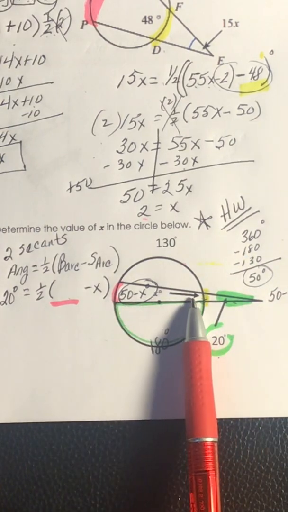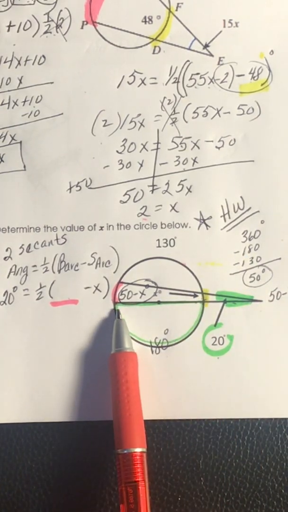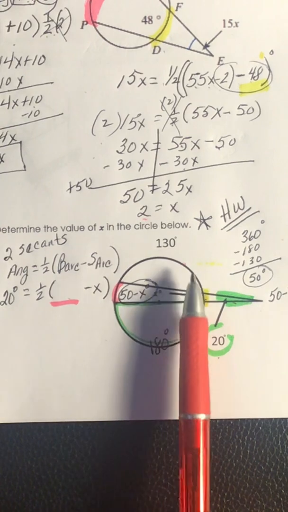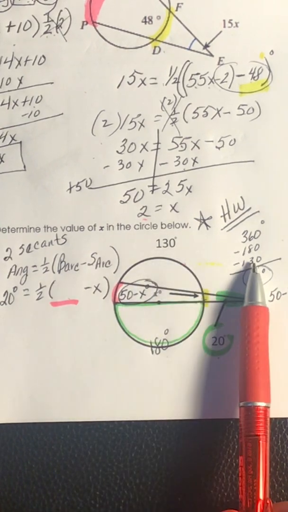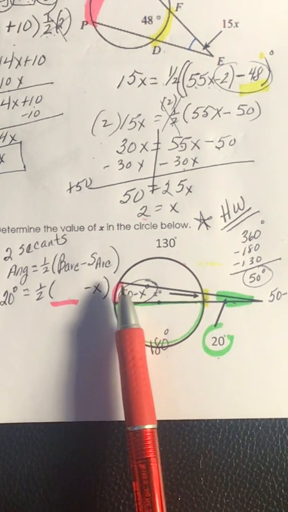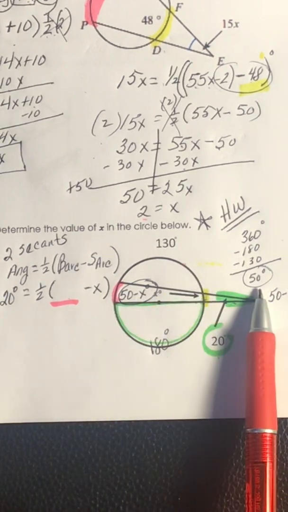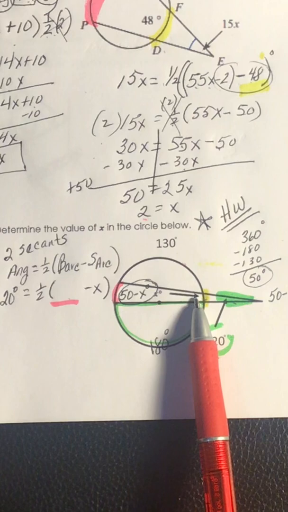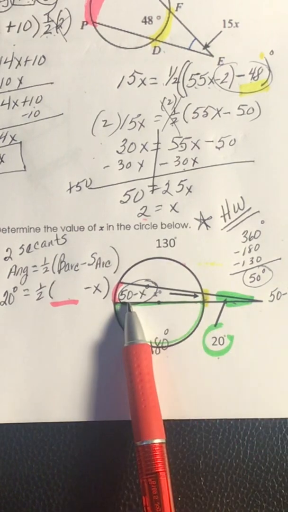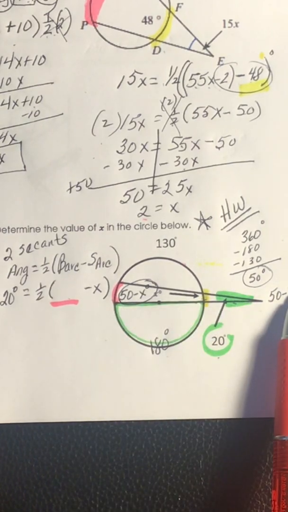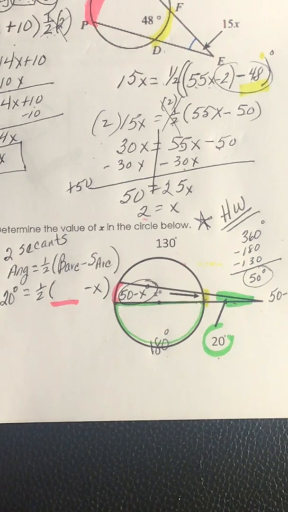How do we know that this is 180? Because it goes through the diameter. We know that this is 130 because it's given to us. And we know that what's left must total 50 degrees. If this is x, then this piece out here is 50 minus x. And then we can simply plug it in and solve it.